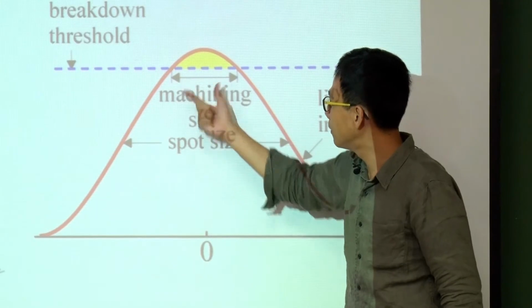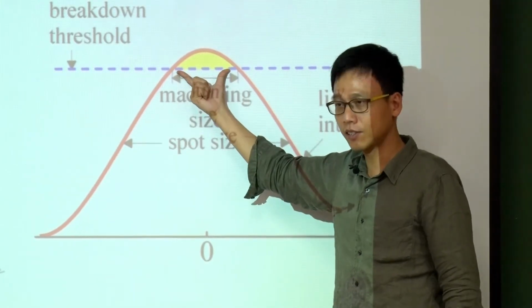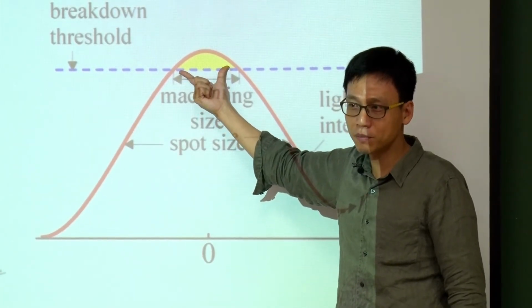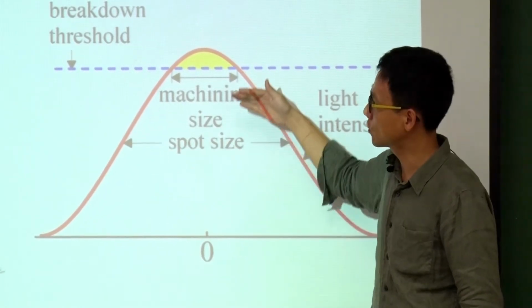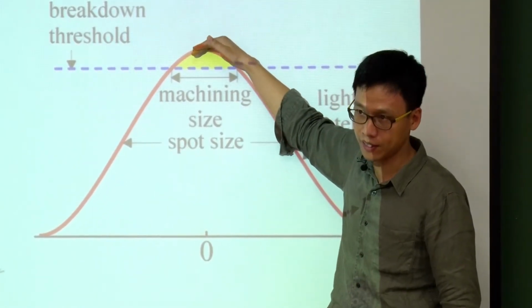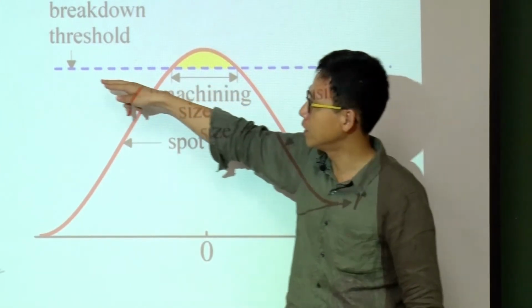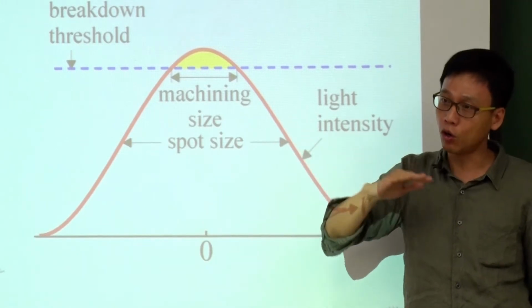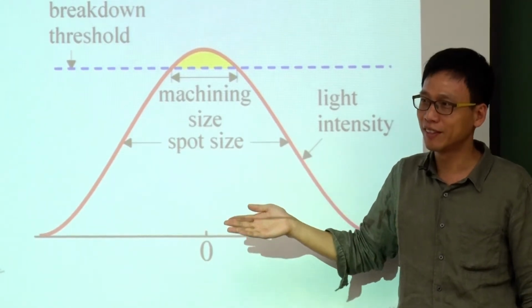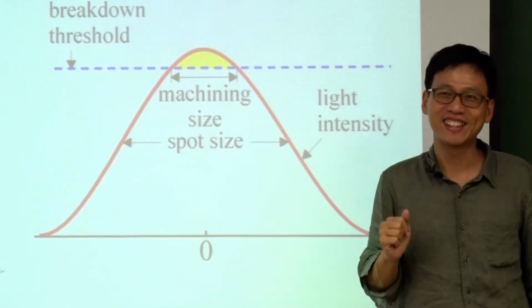Then you get the machining size in this order, and it could be much smaller than the spot size, right? As long as you can well control your light intensity, and this threshold is a hard limit, either on or off. There is no transition. Then you can do that, right?